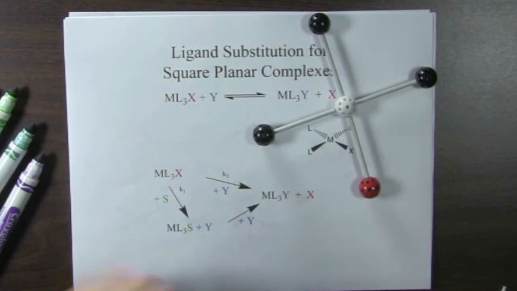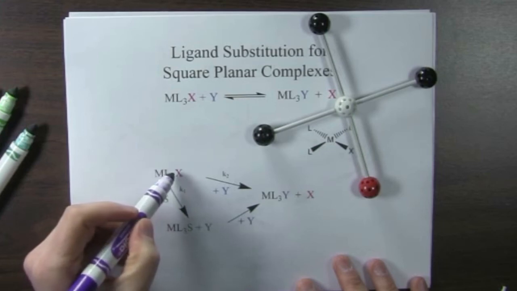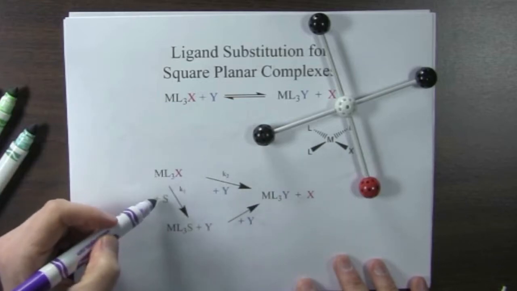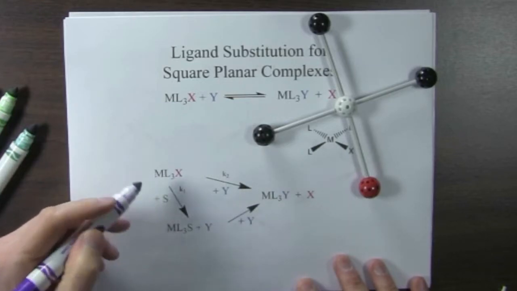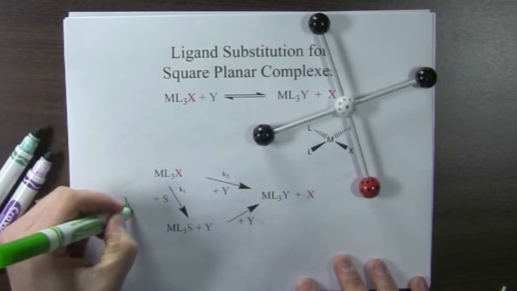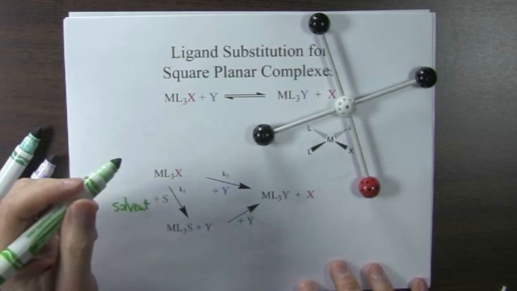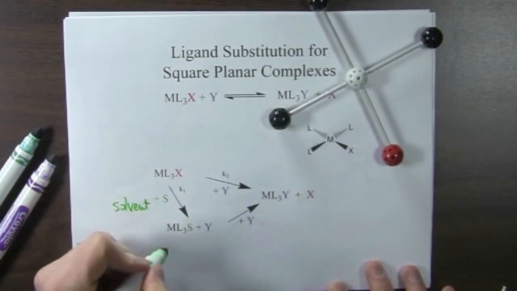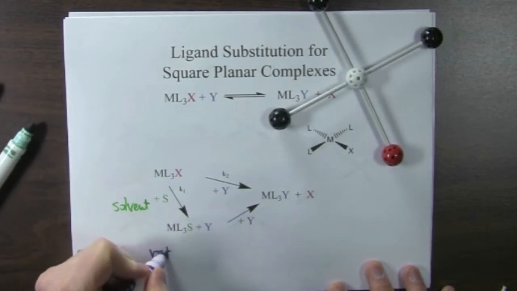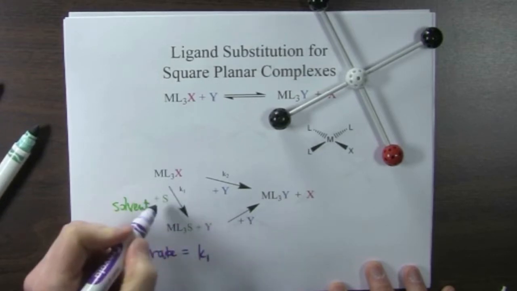Now there's still some complications of the reactions in that we could directly substitute the ligand with our entering ligand, but since we're in solution we could also substitute the solvent for the leaving group, and so that will contribute to the kinetics, the mechanism. And so the rate law here would be this first step, K1, and solvent.